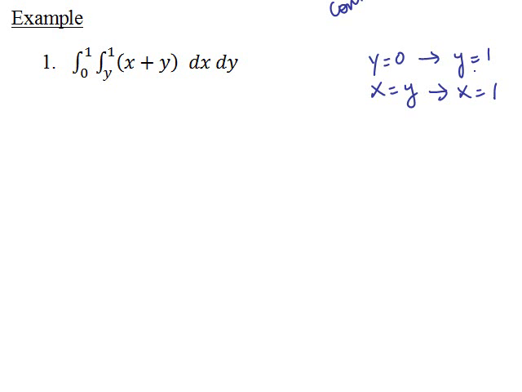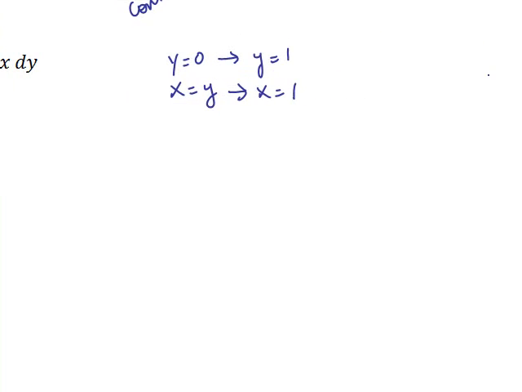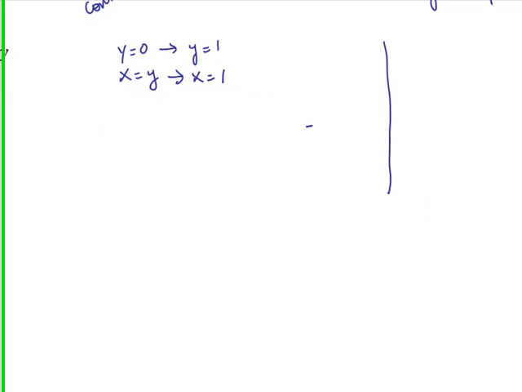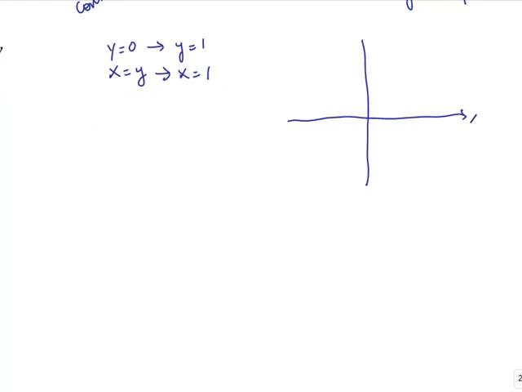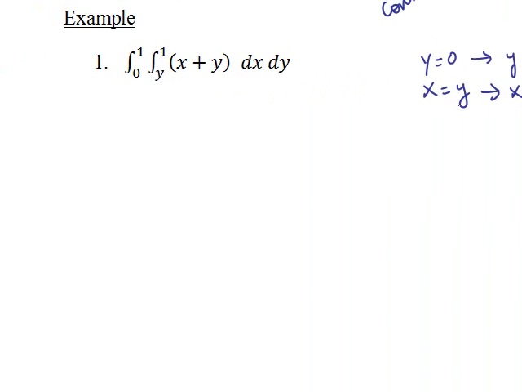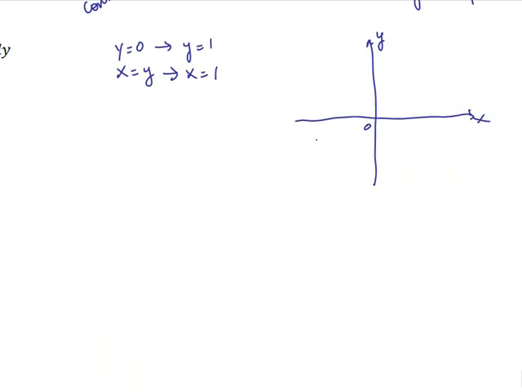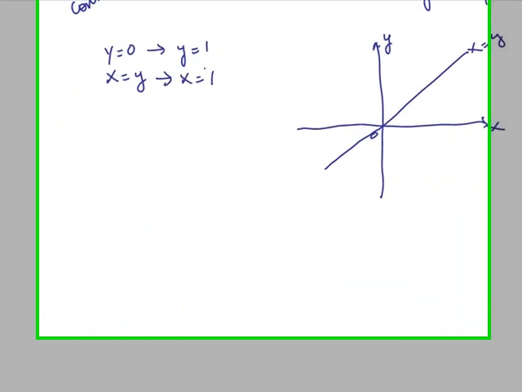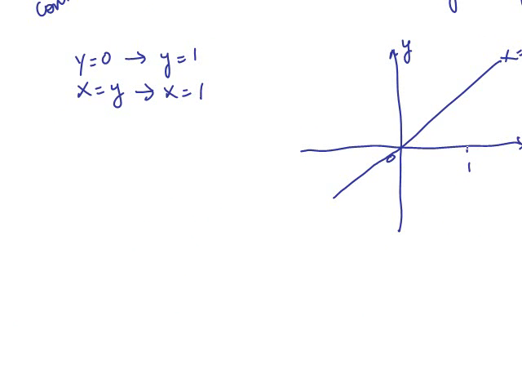Now let's draw it. Let me see if you'd be able to shade the correct region. I think we should draw this x equals y line first. Then draw x equals 1. So let's put 1 here.